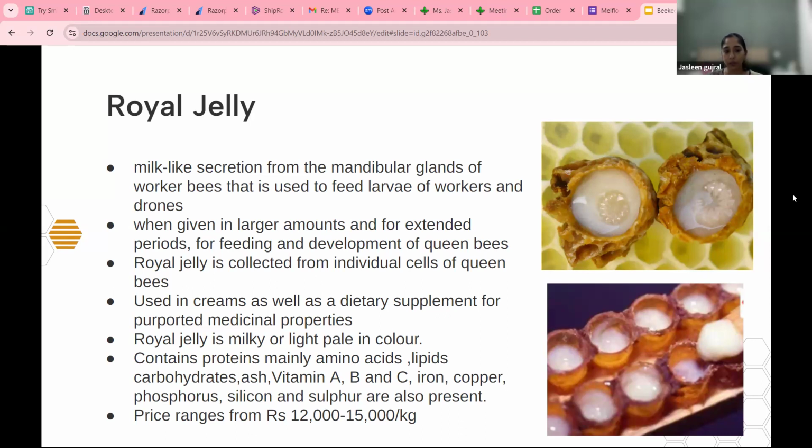When, for example, royal jelly you can extract during the queen process when the bees are trying to make the queen. Jasleen, sorry to interrupt you. There is some background disturbance. Can you please close the door or something? Okay, just give me a moment. I'll just do that.